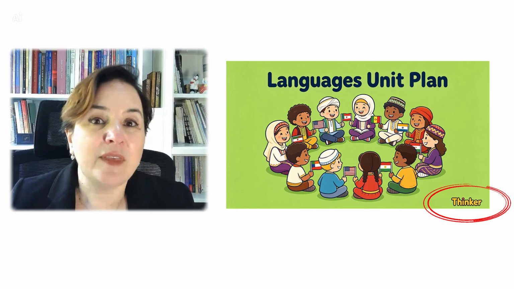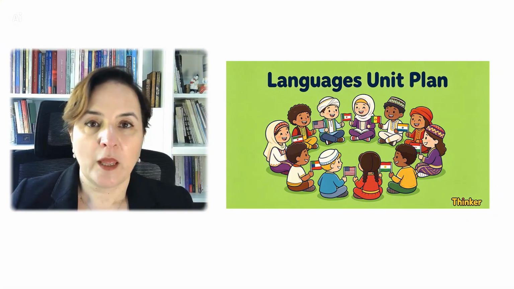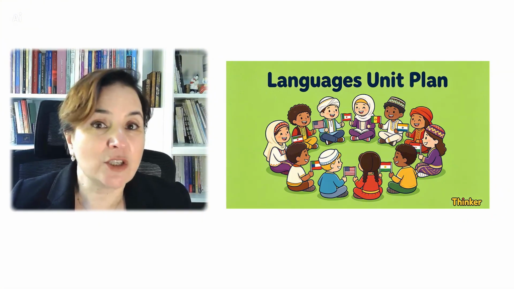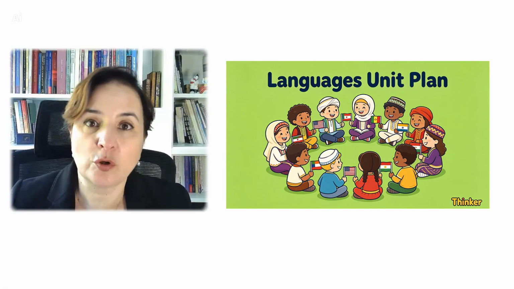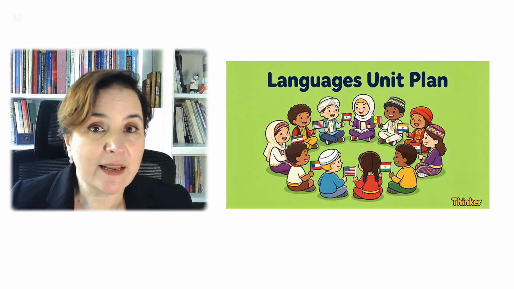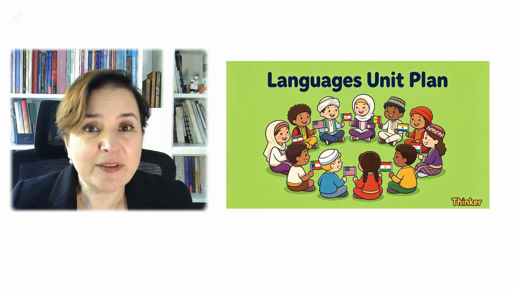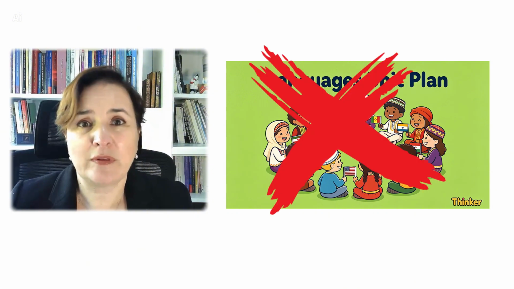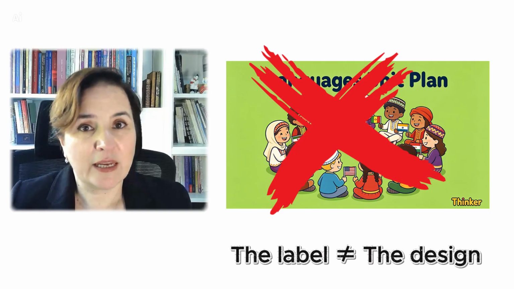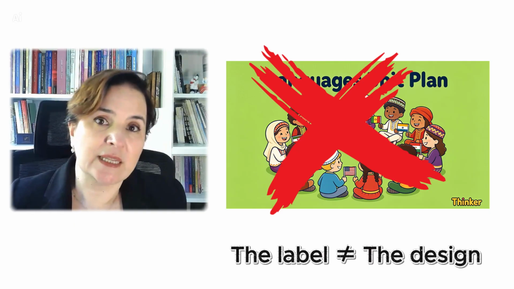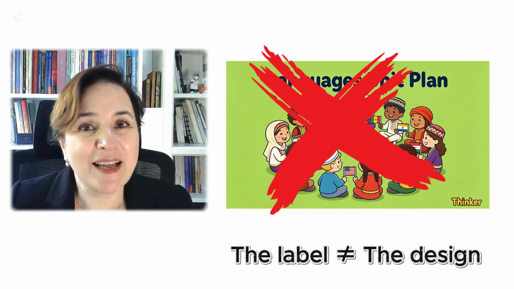So take Thinker, for instance. You can write it as a lesson objective, you can include it on your PowerPoints or on your unit plans, and still you can design an activity that has nothing to do with thinking. That means that the label is there, but the thinking isn't. The difference isn't in the label, it is in the design decision that you make when you start planning.